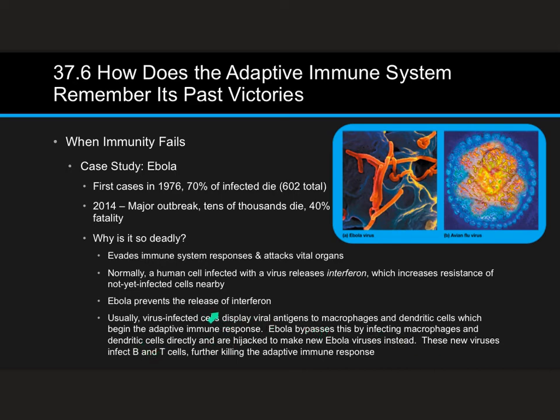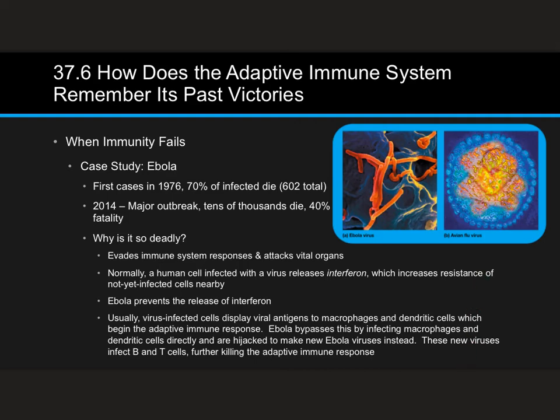So not only does it affect some of your normal cells, but it goes straight after the immune system cells, macrophages and dendritic cells. That's problematic, and it hijacks them to make new Ebola viruses instead. So the cells that would have been responsible for destroying Ebola-infected cells are themselves infected. These new viruses infect B and T cells, further killing the adaptive immune response. So this thing goes right after the immune system, and basically shuts it down, kills all the cells that are designed to kill it.